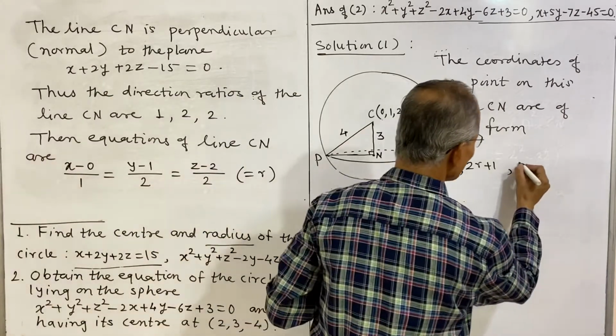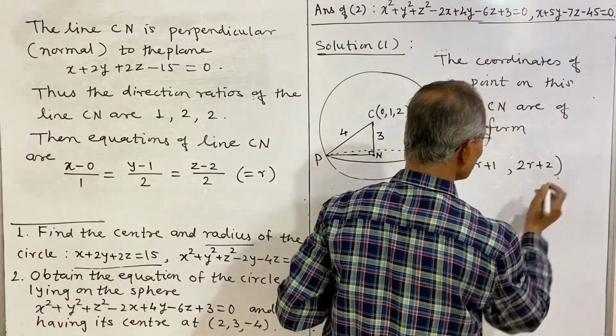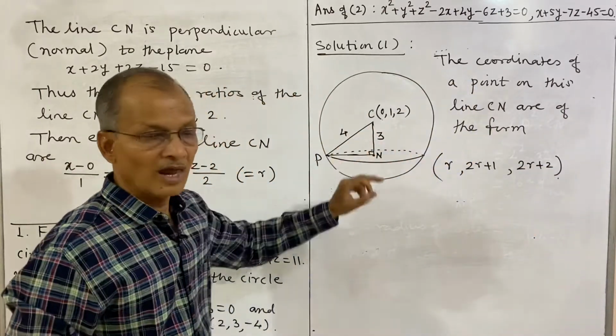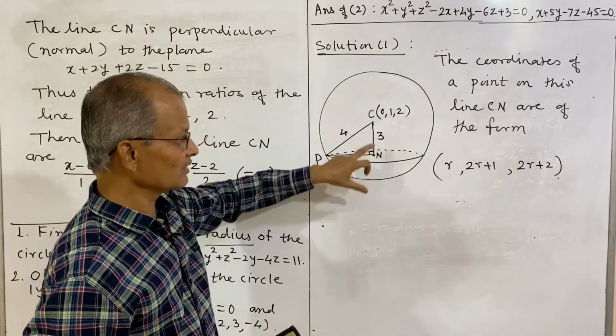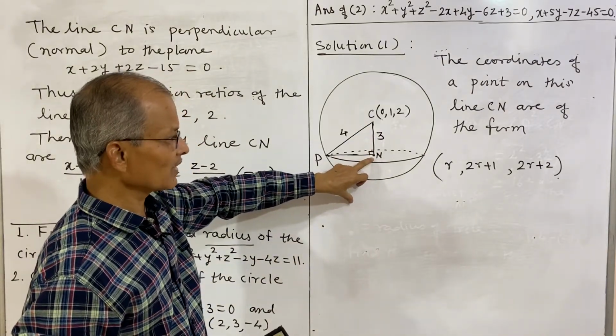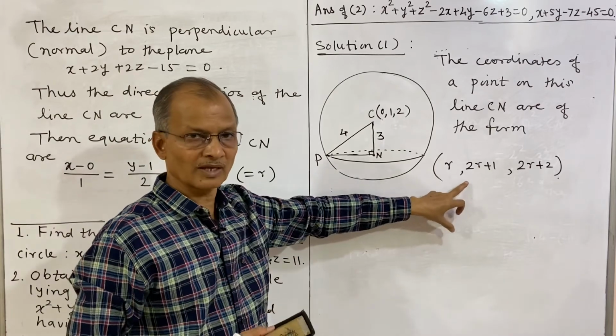So these are the coordinates of a point on this line, Cn line, and n is a point on this line. So therefore these coordinates can be taken as those of n.